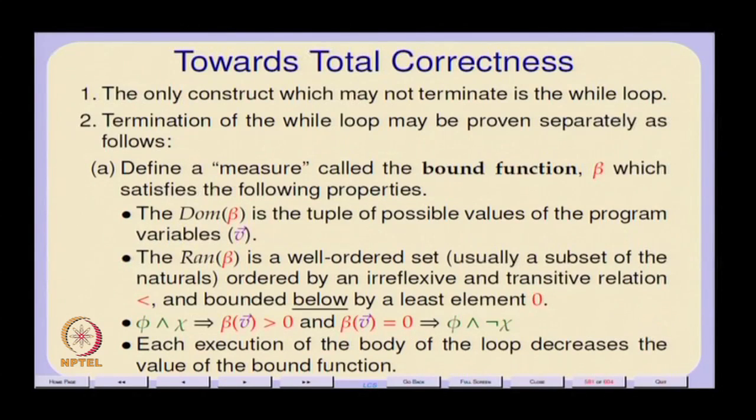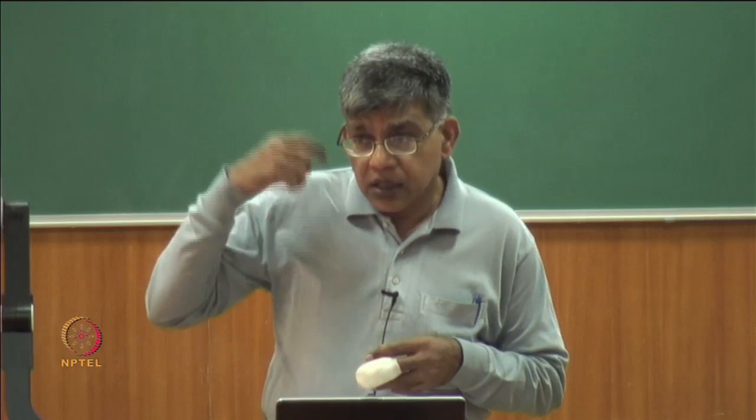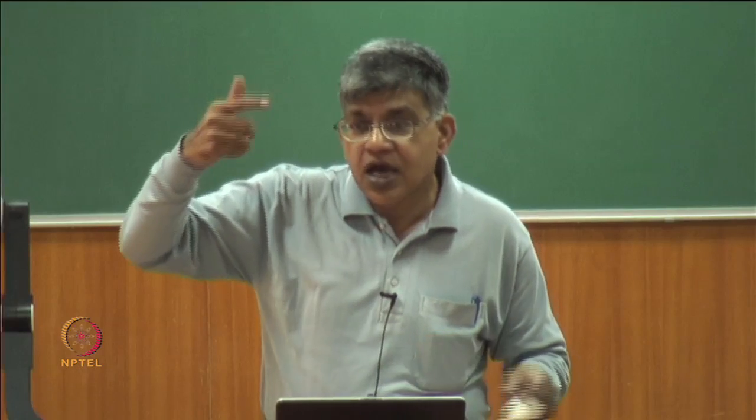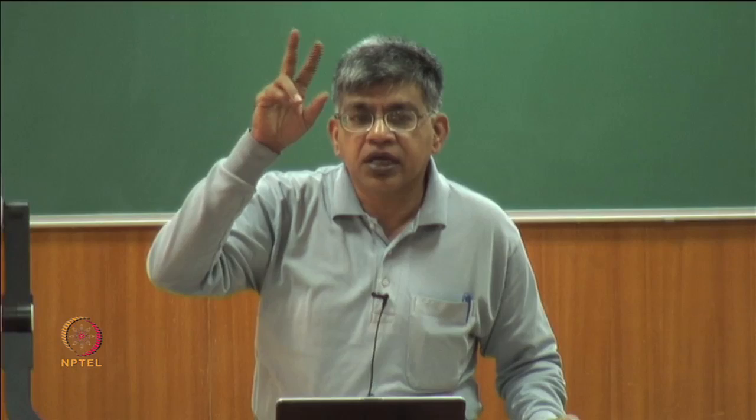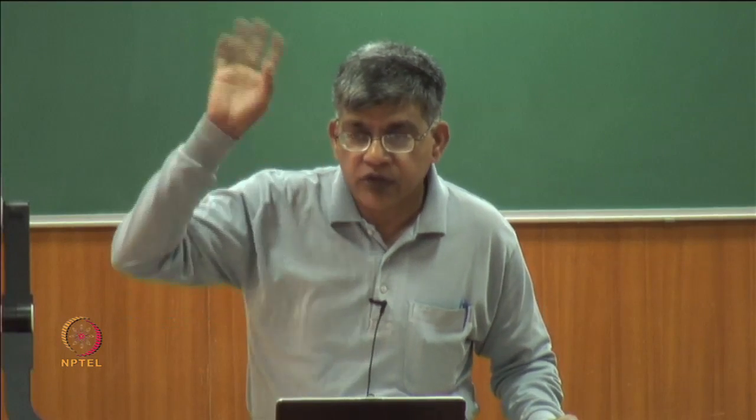Let us take the GCD program. I do not have to write it out. We all know how to do GCD, right. So the GCD traverses down a well ordering, given an initial set of naturals x and y, both of them positive.